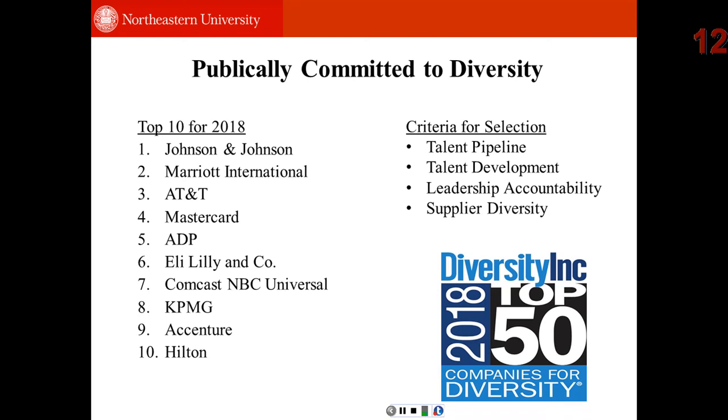And every year the list changes. What I noticed with this year's list is that the criteria for selection has changed over the past, I want to say, 5 years that I've been following this list. Now it's based on the talent pipeline, talent development, leadership accountability, and supplier diversity.